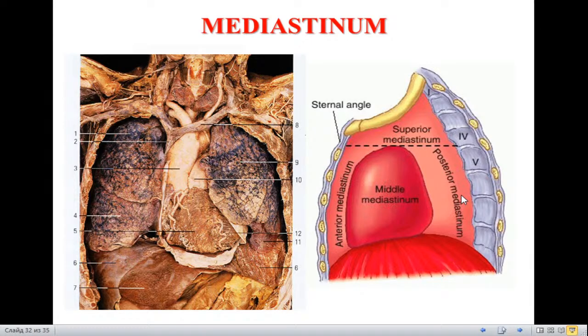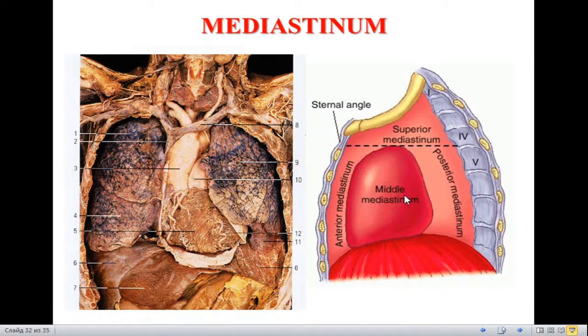Then in the inferior mediastinum, in anterior mediastinum, there are lymphatic nodes. In the middle mediastinum, correspondingly, we have heart and pericardium, bifurcation of the trachea and main bronchi, and bifurcational lymph nodes.